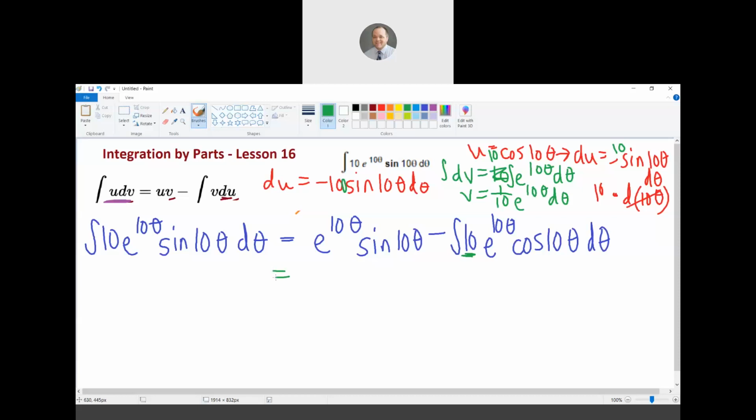All right, we're ready to use integration by parts again. Bring down what's in front, the e to the 10 theta times sine of 10 theta, minus, now this is the part where we use our integration by parts formula again.